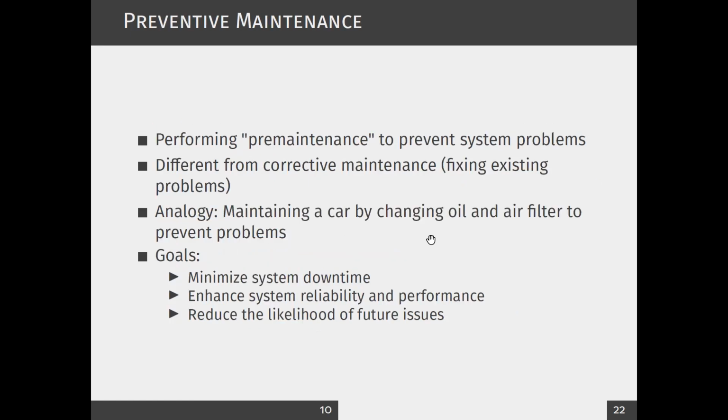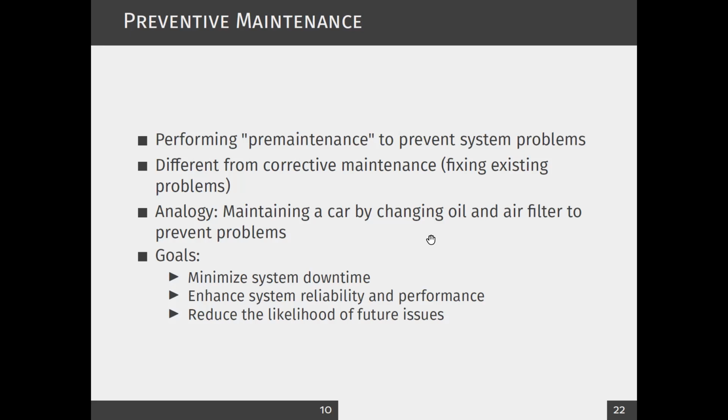The last one is preventive maintenance. That means we know that there will be bugs coming in, and we want to prevent that. So performing what we call pre-maintenance to prevent any system problems happening in the future is what we call preventive maintenance. This is totally different from corrective maintenance, where when you find a bug, you try to fix it.